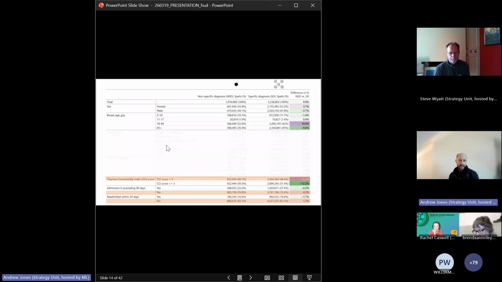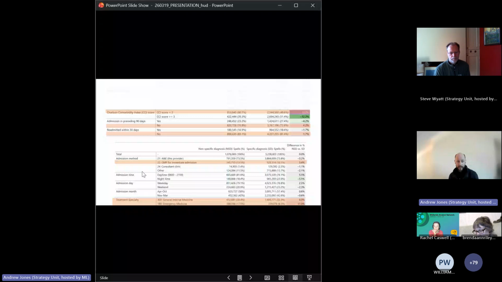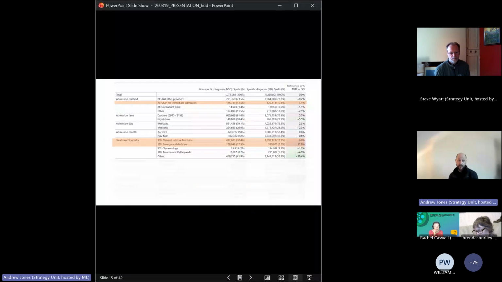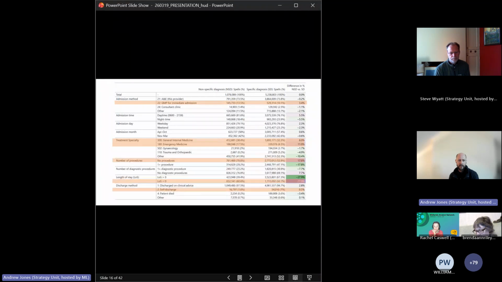They're also more likely to be admitted in response to a GP request and admitted during the day and on weekends, and to be treated under general or emergency medicine specialties. And a much higher proportion of the signs group were discharged without receiving a medical procedure and discharged on the same day as their admission. Incidentally, they were only marginally more likely to self-discharge.